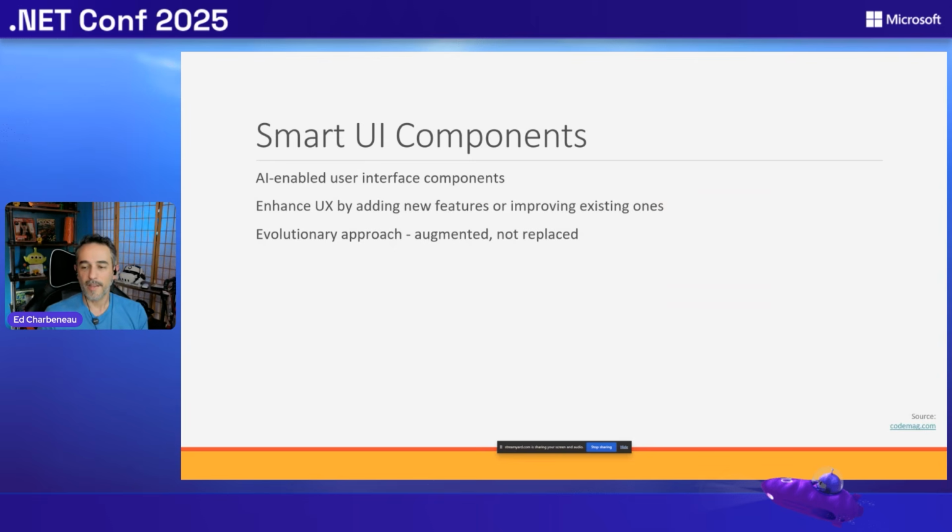And let's start things off by talking about smart components. Smart components are AI-enabled user interface components that are an evolutionary step towards user experience rather than throwing away our entire application and presenting the user with a blank text box.